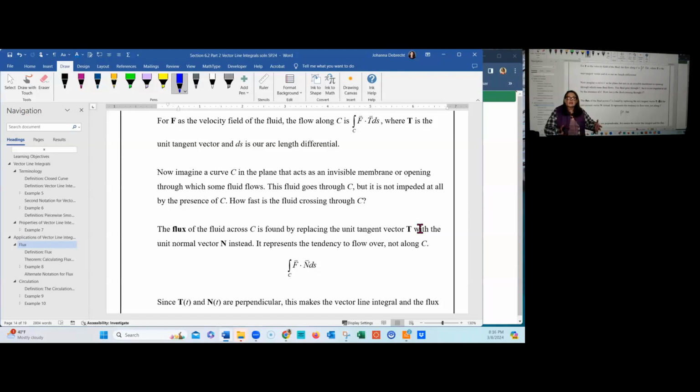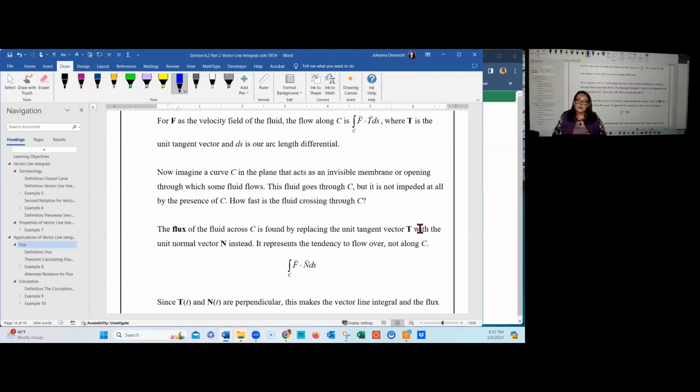The membrane doesn't impede the flow of the fluid at all, but we're measuring the flow directly across or through the membrane. When we do this, we find the vector line integral of F dot a unit normal vector N with the arc length differential ds on the curve C, where C is a smooth curve.